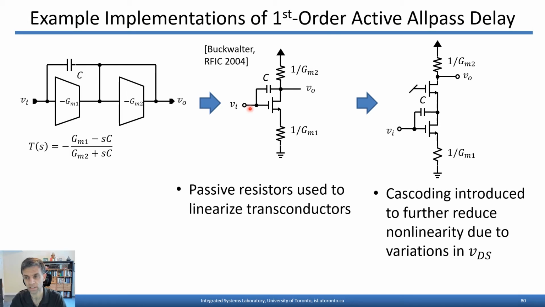To try to mitigate that, this variation here on the right introduces a cascode device. A telescopic cascode device helps keep VDS more constant in this bottom transistor and therefore reduces the nonlinearity introduced by VDS variations on this transistor.